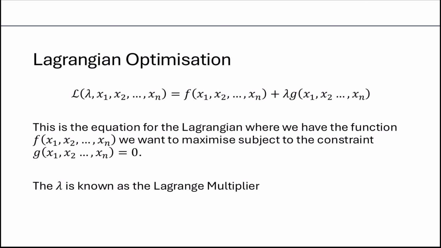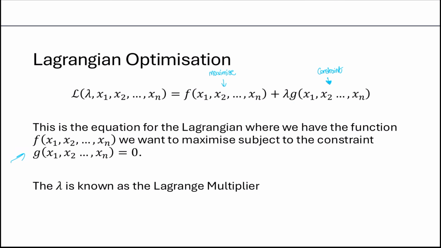The Lagrangian is a function with variables lambda, x1, x2, all the way up to xn, and it is equal to the function f of x1, x2, all the way up to xn, which is the function that we want to maximize, plus lambda times g of x1, x2, all the way up to xn, which is our constraint. So it's always the function we want to maximize plus lambda times the constraint.